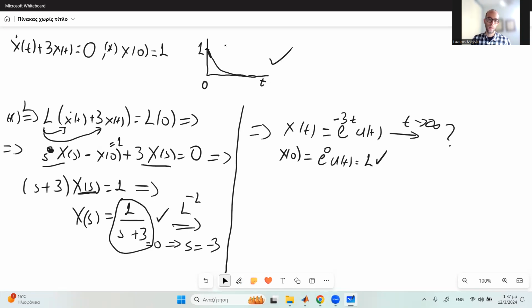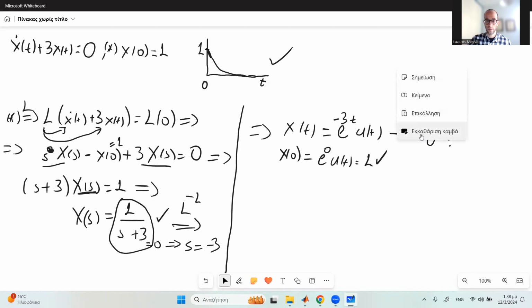We have a system starting from position 1 at time 0, and then slowly going towards the 0 state, right? So the system goes to 0 as time goes to infinity. So this is a simple example of a so-called free response or unforced response, okay, because we don't have an input. Great. So now let's see an example of a forced response, right?